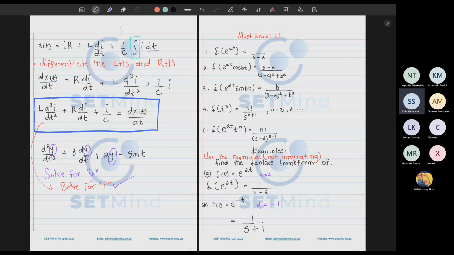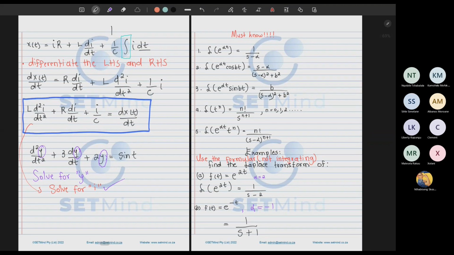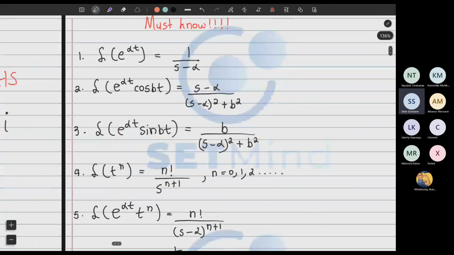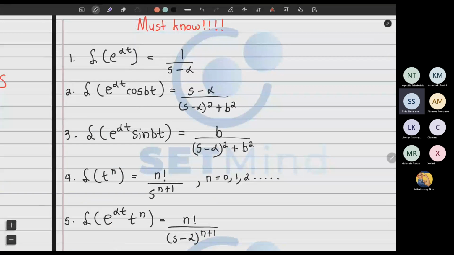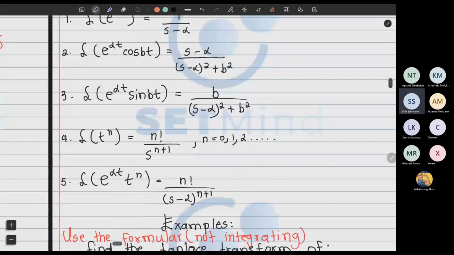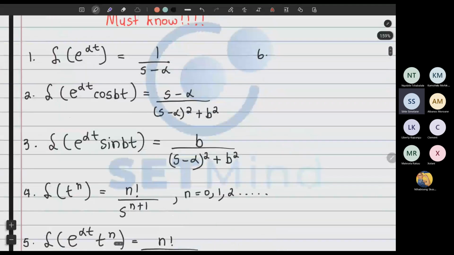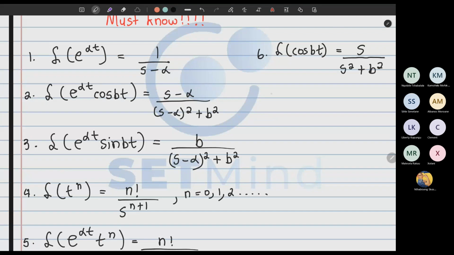Okay, let's go to another one. Let me give you number 6 here. For number 6, the Laplace transform of cos bt is just s over s squared plus b squared.